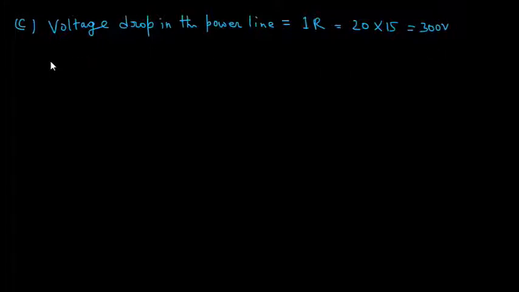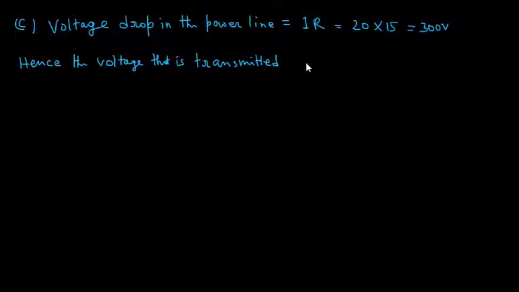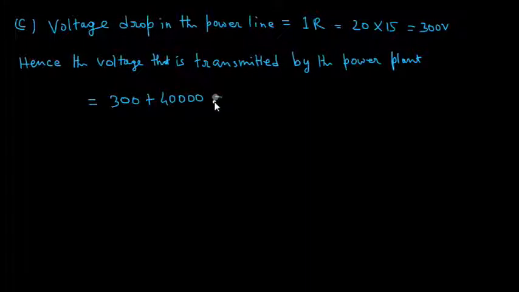Hence the voltage that is transmitted by the power plant is equal to 300 plus 40,000, is equal to 40,300 volt.